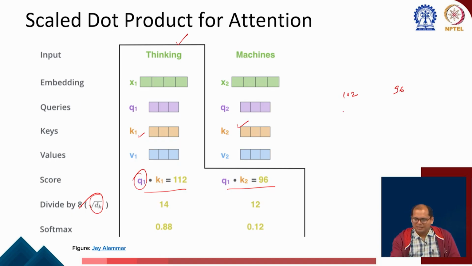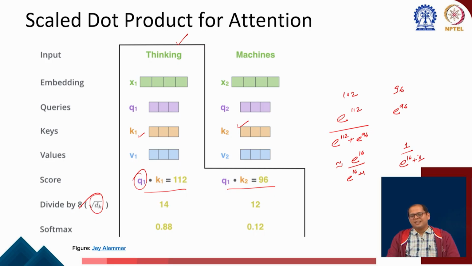It will be e to the power 112 and e to the power 96 divided by the summation of those, and you see it will be roughly e to the power 16 divided by e to the power 16 plus 1, and 1 divided by e to the power 16 plus 1. So e to the 16 is such a large number that this will be roughly 0.99 something, and the other will be about 0.0001.